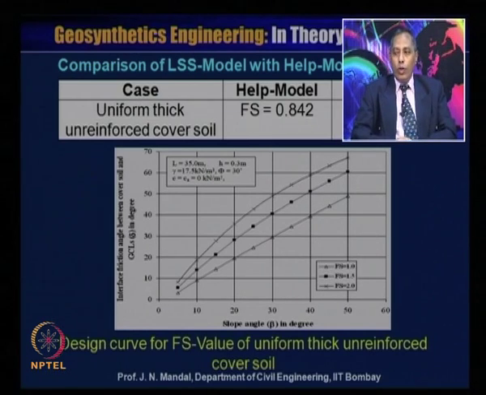Or if you know the friction angle and also the slope angle, then you can calculate what the factor of safety should be. So if the factor of safety is reasonable, then accordingly you can select the slope angle and the corresponding friction angle between the cover soil and the geosynthetic material.